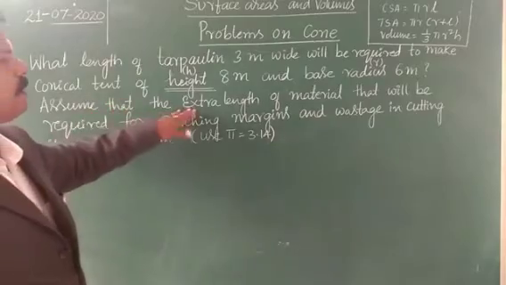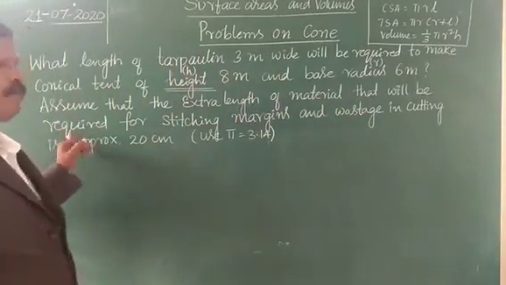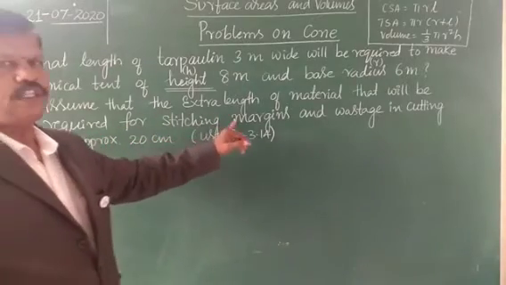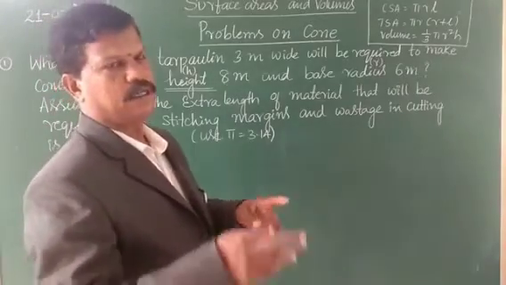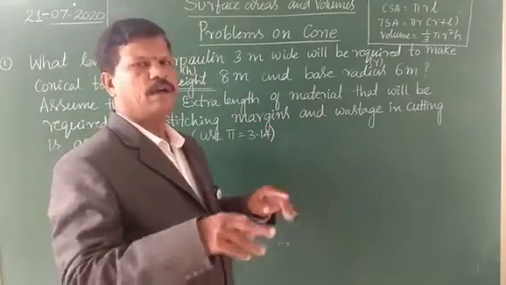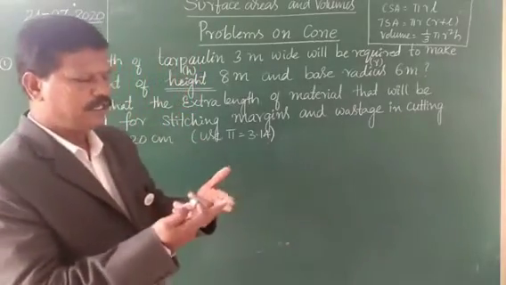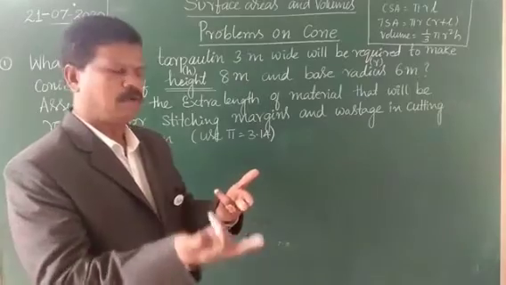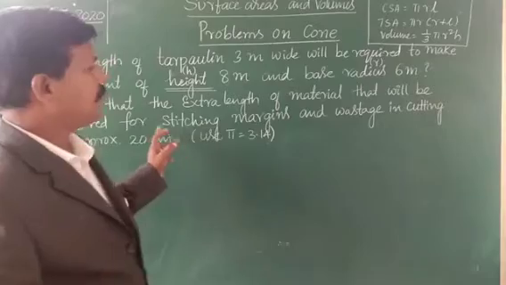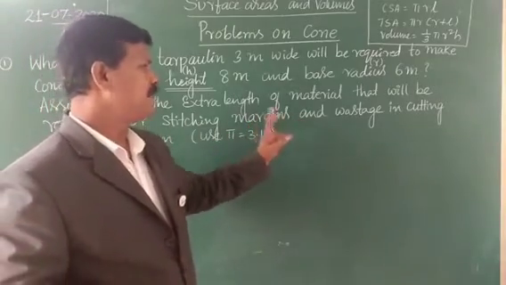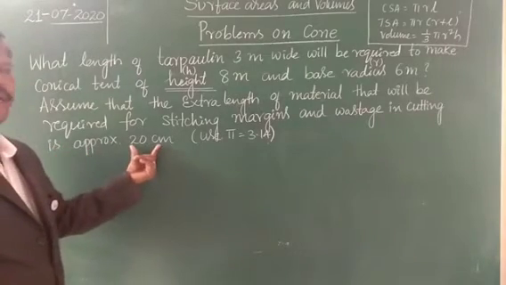Assume that extra length of material will be required for stitching margins. If you observe cloth, even a lungi, you see some margin, they fold the edge and stitch it. For that they require extra margins, and wastage in cutting is approximately 20 centimeter.